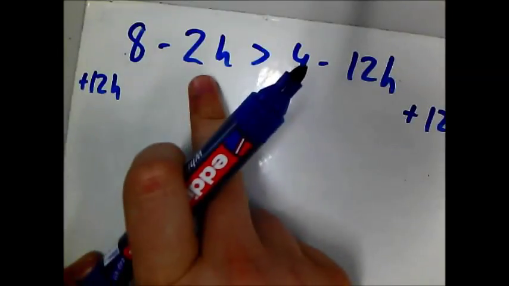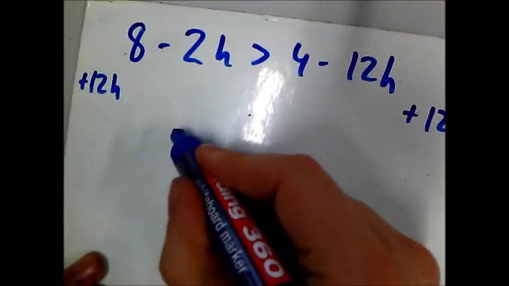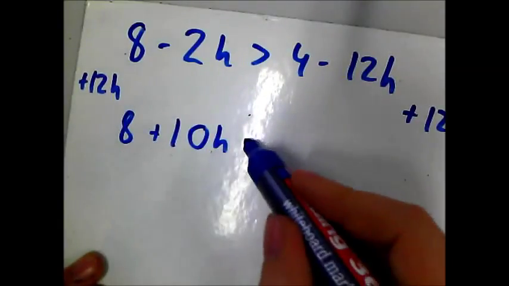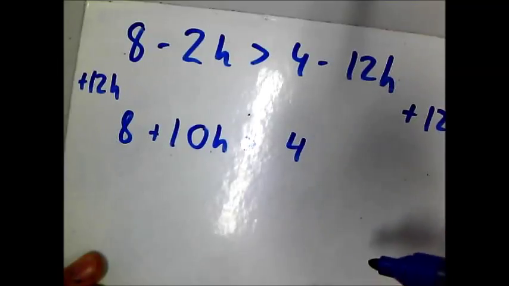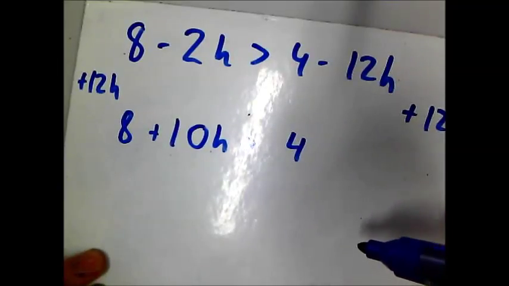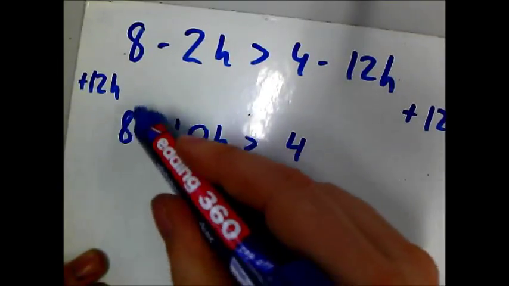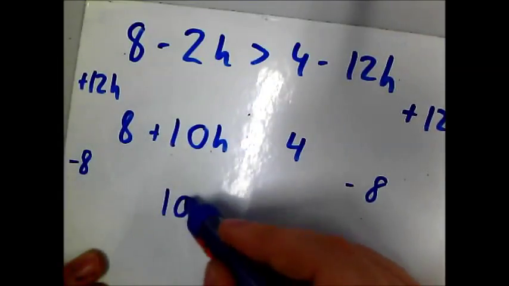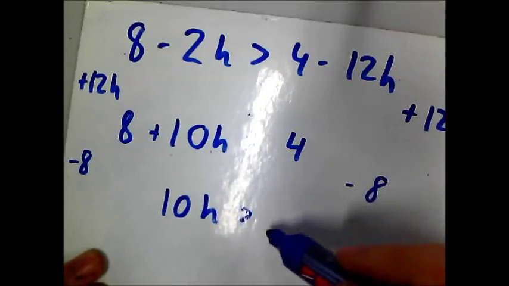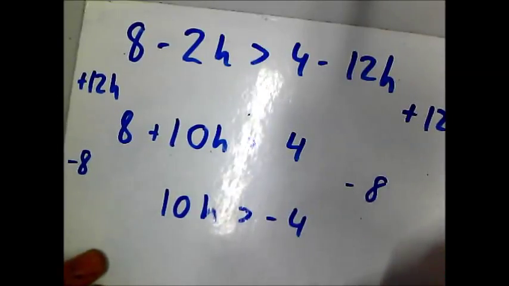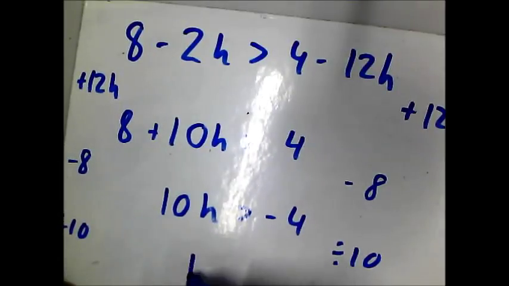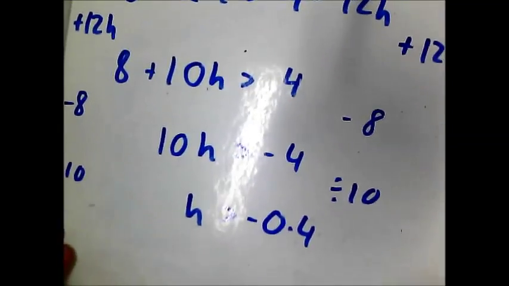So negative 2h plus 12h is 10h, and it's positive, and the 8's still there, is greater than 4. And then I don't want any numbers on this side, so I'm going to take away this 8. So I'm going to get 10h is greater than negative 4, and then divide by 10. So h is bigger than negative 0.4. And that's that question done.